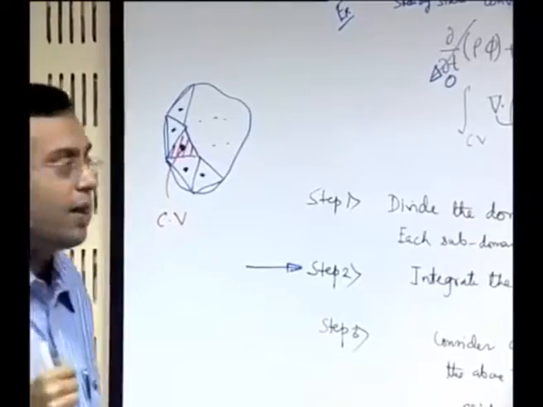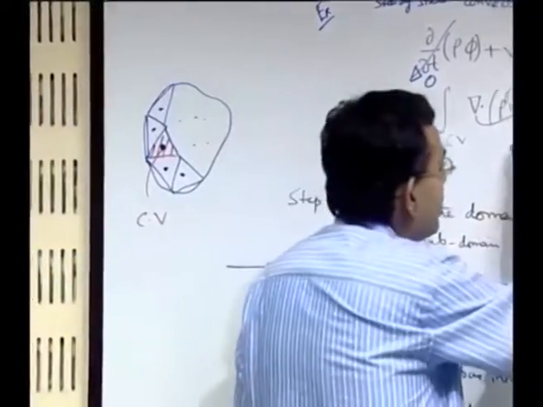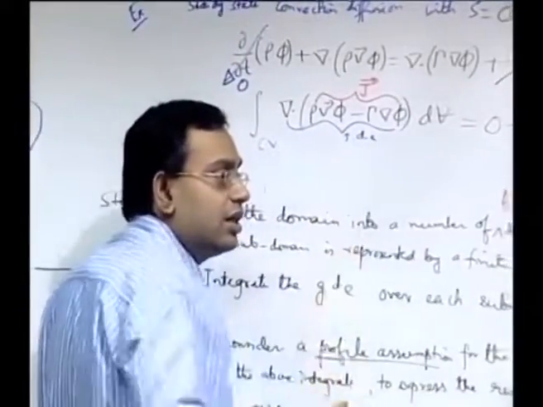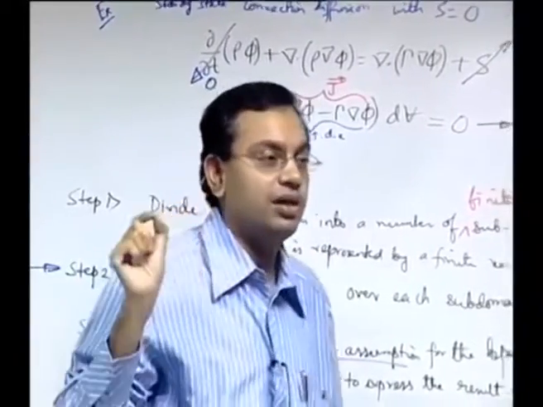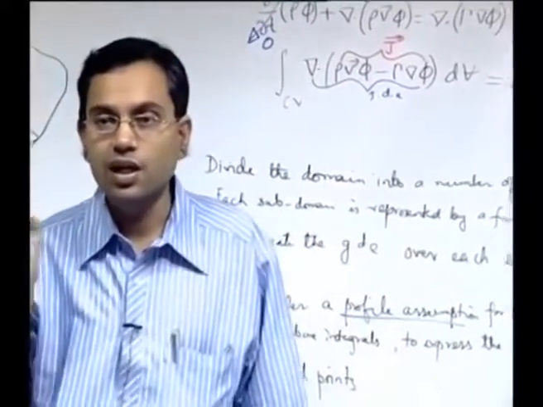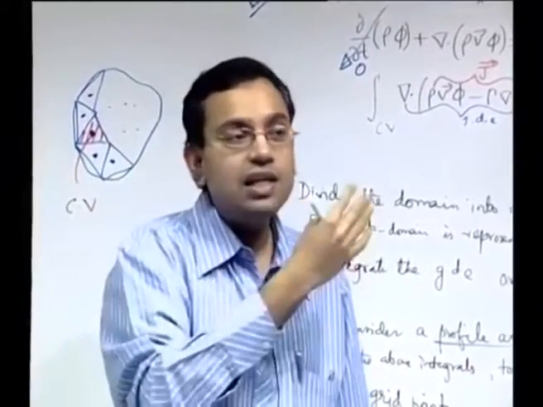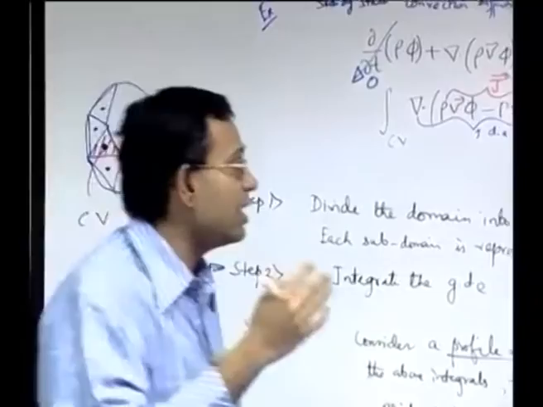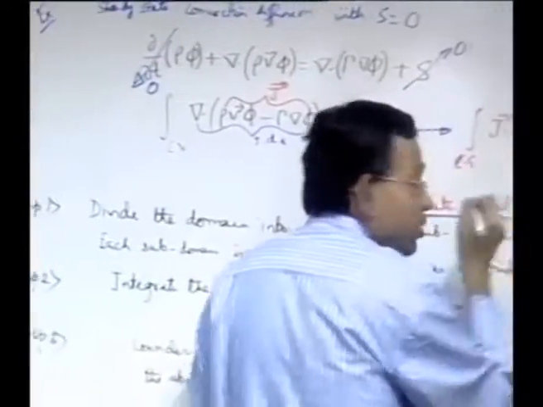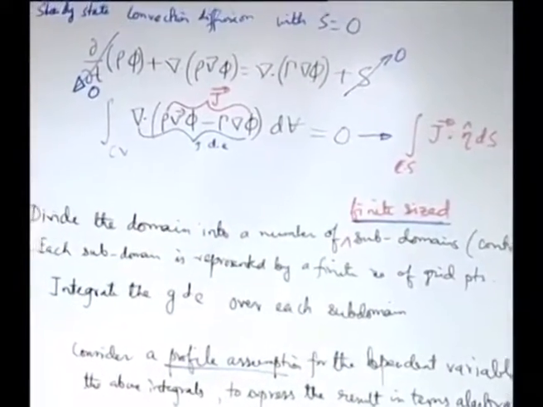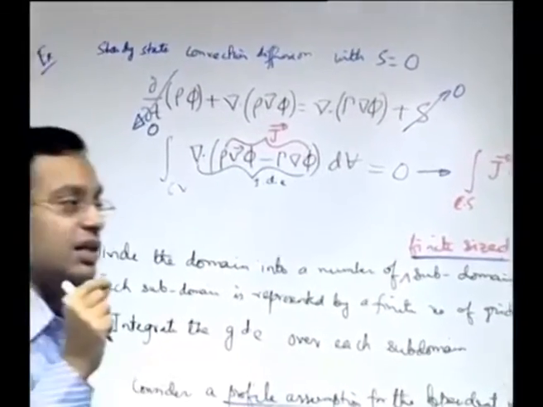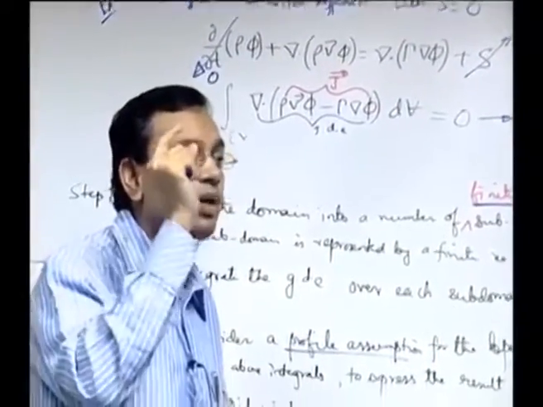What are we gaining? Remember that when we are considering a differential equation, the differential equation is valid at a point. So a differential equation when integrated is valid over a domain. Here it is integrated over finite sized control volumes, whereas when you first consider its derivation, you considered an infinitesimally small control volume.